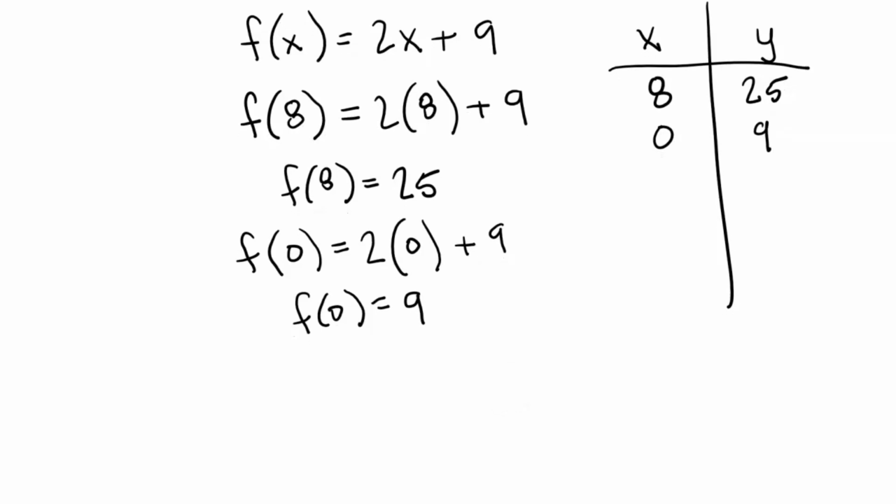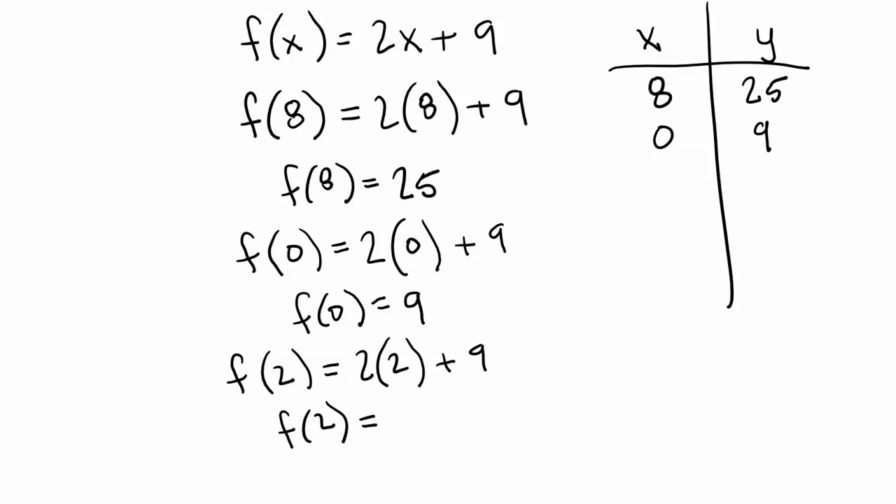Let's just do one more. Let's find f of 2. So now we're replacing x with 2. So f of 2 would be 2 times 2 plus 9. So 2 times 2 would be 4. 4 plus 9 is 13. So that means when x is 2, then y would be 13.